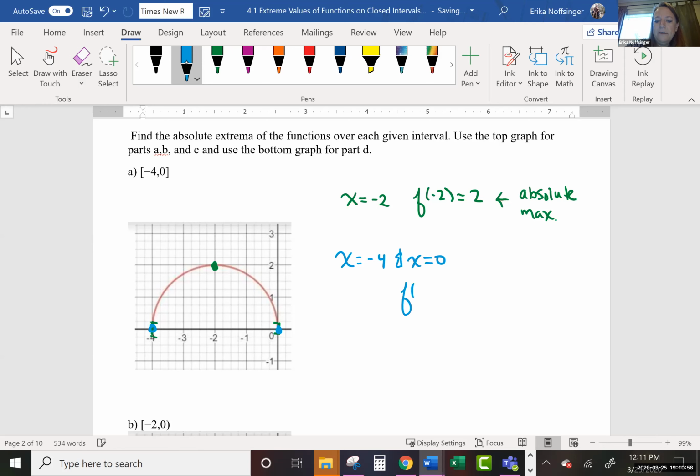Notice that f of -4 is the same y value as f of 0, and that y value is 0. And so we have 2 absolute mins, and the absolute mins occur at -4 and 0.